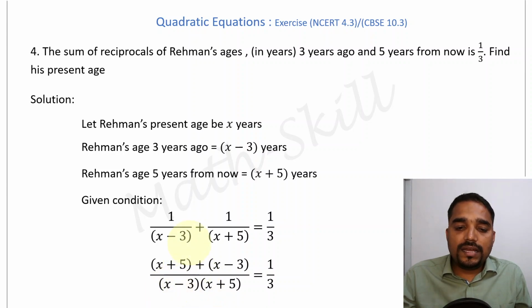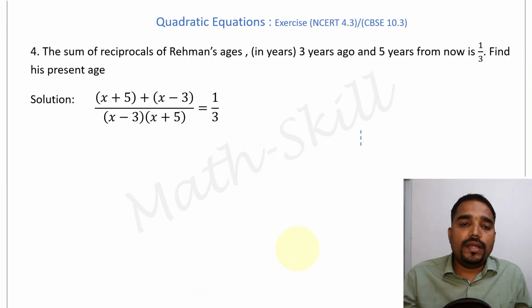Therefore, x minus 3 and x minus 3 would get cancelled. We would be left with x plus 5, so x plus 5 into 1 is the first term in the numerator, x plus 5. Similarly, x plus 5 would get cancelled here. We would be left with x minus 3, multiplied by the numerator 1, so x minus 3 into 1 is x minus 3, is equal to 1 by 3 as it is.